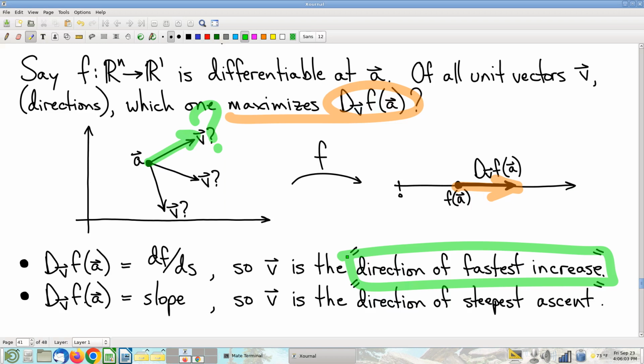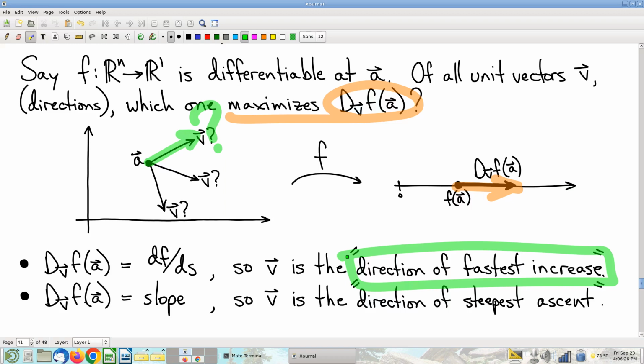If this function represents, let's say, temperature again, you're not looking at a graph of temperature, you're just experiencing the temperature. Direction of fastest increase very naturally applies as, well, I'm looking for the direction in which temperature is increasing the fastest. So, makes sense.